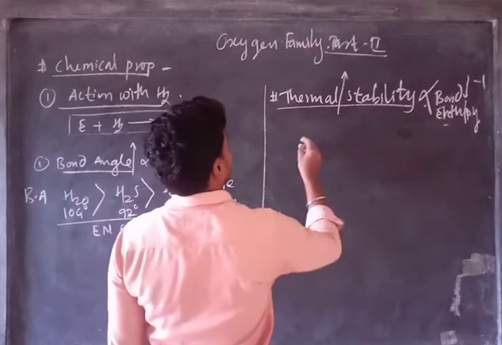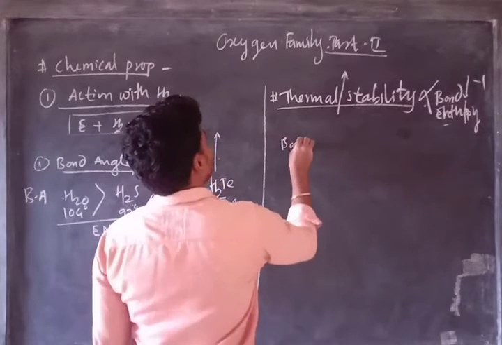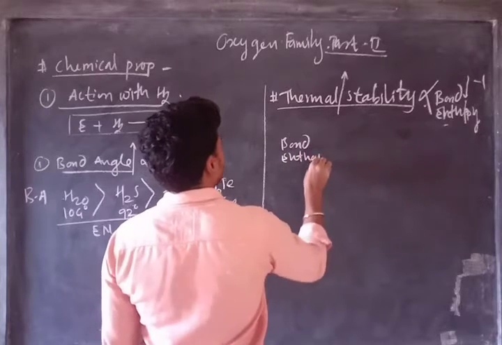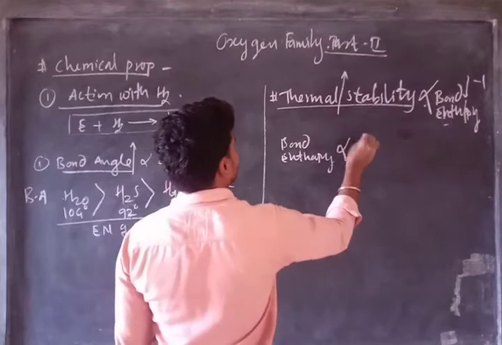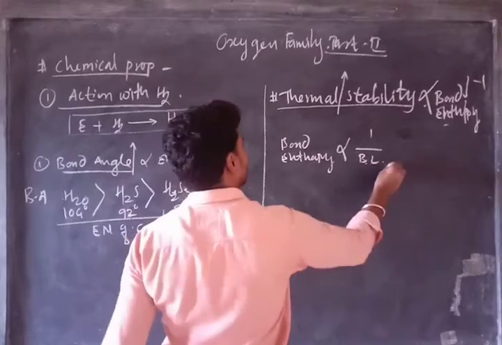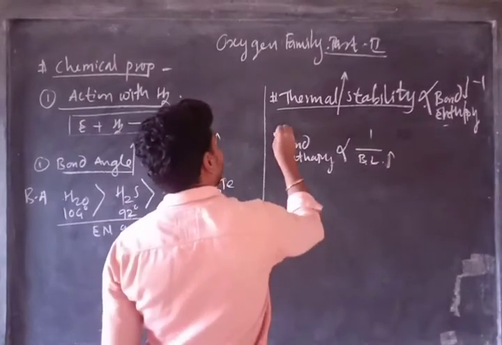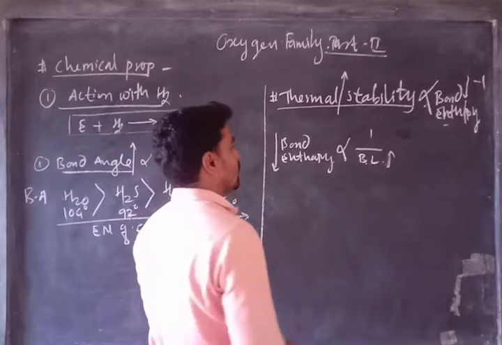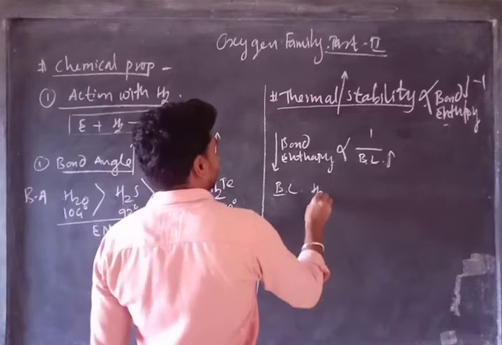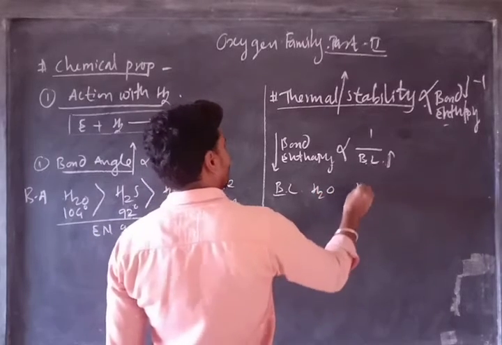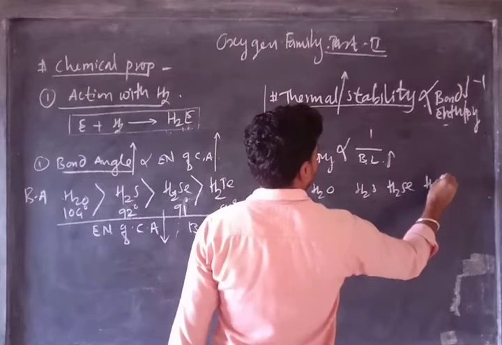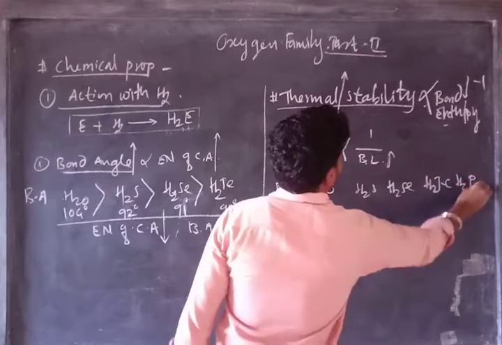Before that, we should know that the bond strength or bond enthalpy is inversely proportional to the bond length. As the bond length increases, the bond enthalpy decreases. So the correct order of bond length among these hydrides is H2O, then H2S, H2Se, H2Te and H2Po.